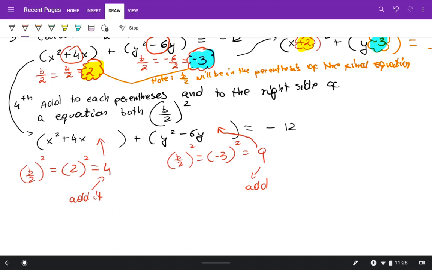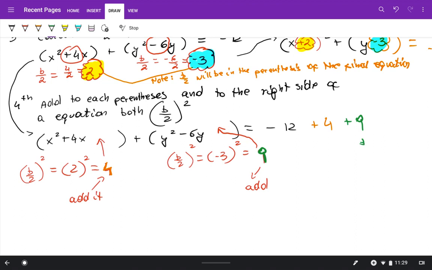So look what happened here. What we're adding to the left side of the equation, you also need to add the same numbers to the right side of the equation. So since I'm adding 4 to the first group, I will need to add 4 to the right side of the equation. Since I'm adding 9 to the second parenthesis, I will also have to add 9 to the right side. So here don't forget that you have those b over 2 squared.